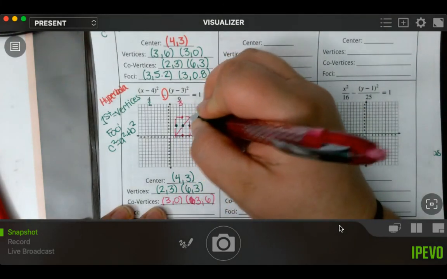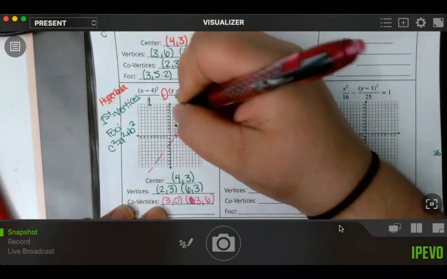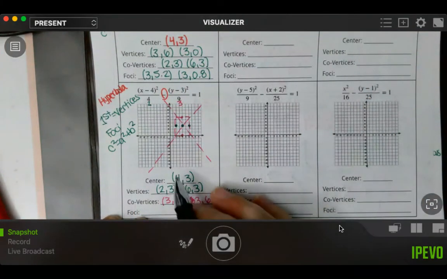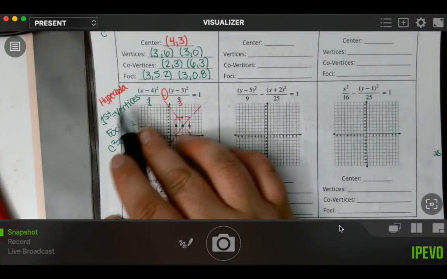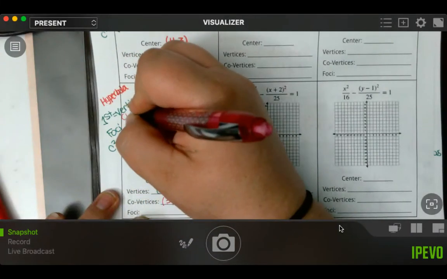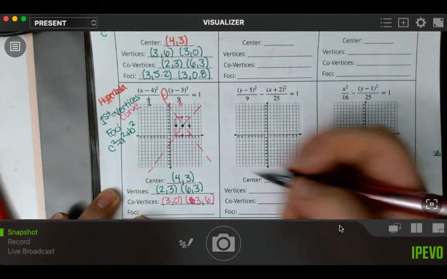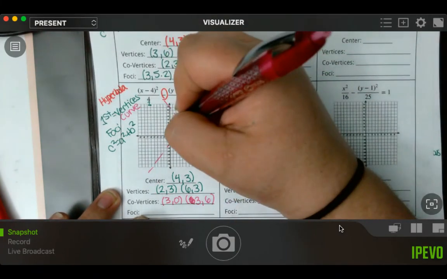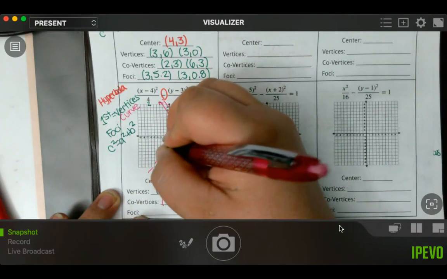Then you draw your asymptotes through the diagonal of that box. That is the whole reason we draw the box, guys. Whichever one goes first, whichever one has the vertices, gets the curve. Meaning that I'm going to draw the curve here and here. Here and here.